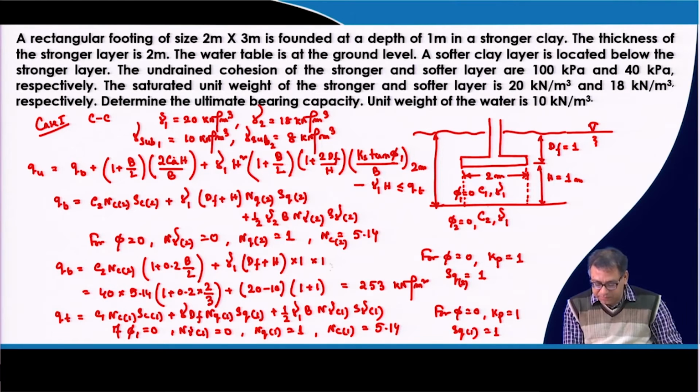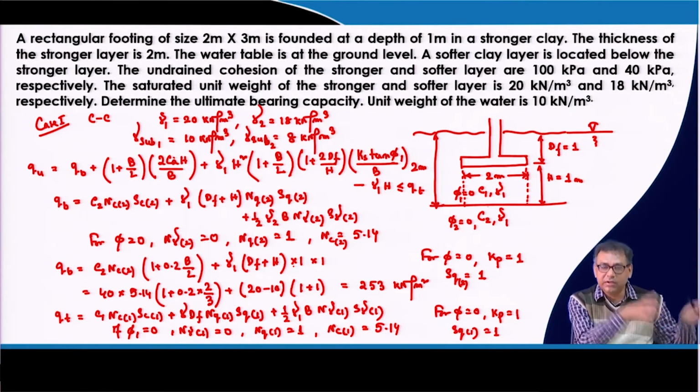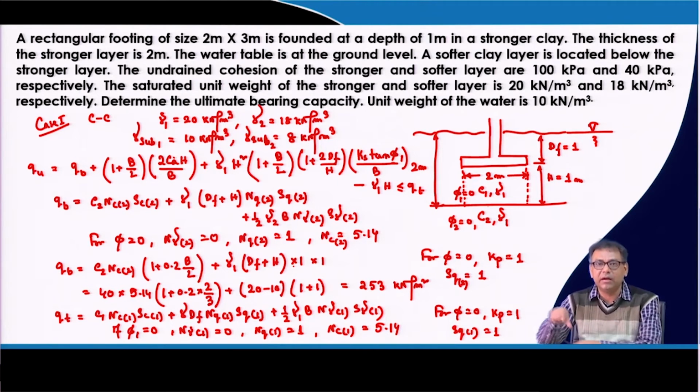So, in total it is only gamma into the depth, Df plus H, with no other factors. In such a case, subtracting gamma into H is absolutely fine, because you are considering the H effect during the QB calculation that you are subtracting in the main equation. So, it is balanced, because the H effect has already been considered in the soil friction calculation, and it is better not to consider it twice.